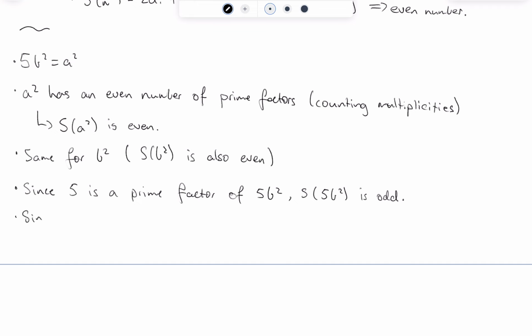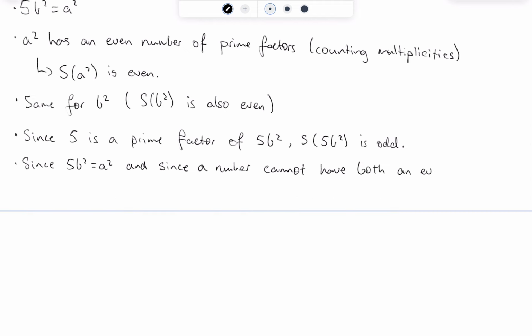So since 5b squared equals a squared, and since a number cannot have both an even and odd number of prime factors, because they have to be the same value, we get a contradiction.